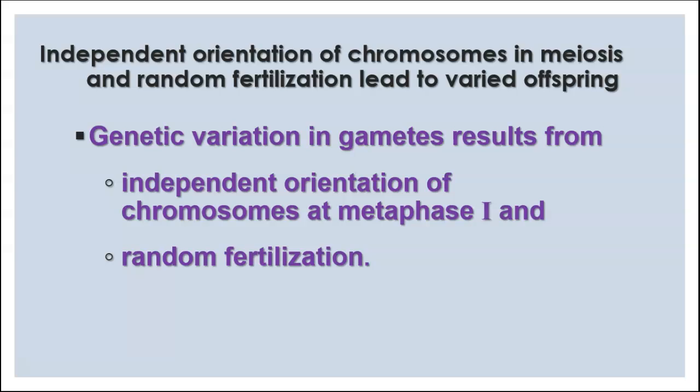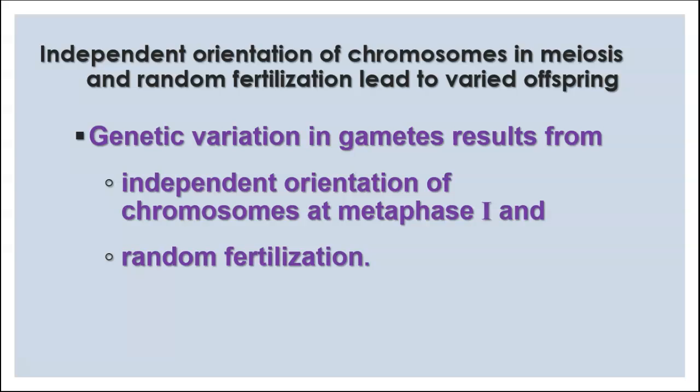They might be 1, 3, 5, 6, 2, 7, 8, and 10, and then 9, or something else entirely different. And so the way they line up is independent of each other. The way they line up in terms of the maternal and paternal chromosomes facing toward one end or the other is also very independent of each other.